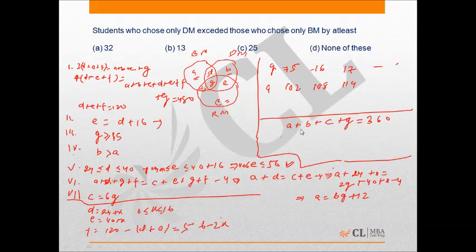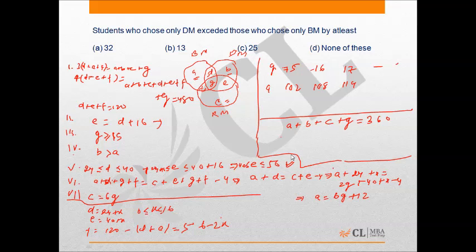So the number of students who chose exactly one subject plus the number who chose exactly three subjects must have been 480 minus 120. So A plus B plus C plus G will be 360.